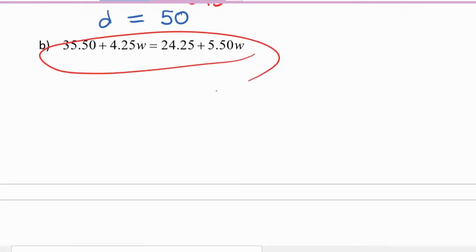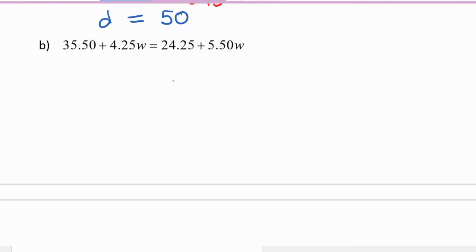So you don't have to use the distributive property, but we have variables on both sides, okay? So you can choose either variable to remove. If you decide to remove this one, you can just subtract 4.25w from both sides.